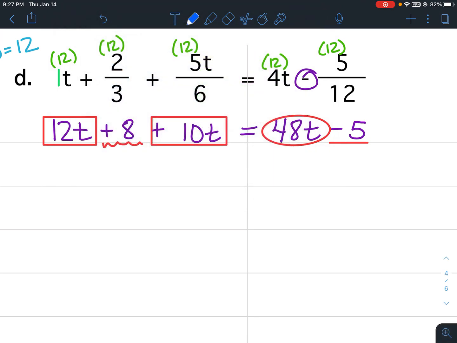So 12 plus 10 would give me 22t. Bring down the positive 8. Bring down your 48t and your -5. All right, now I'm ready to take my variable term to the right.